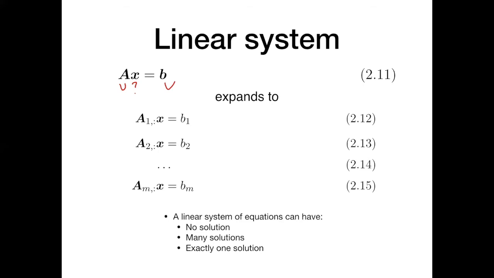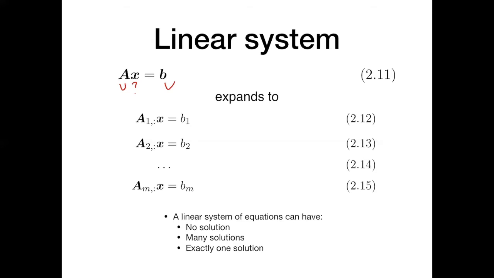You see this is a matrix-vector product. And if we expand these equations, we can get a series of expressions. Every expression is a vector-vector product. So this is actually a very elegant and concise notation of our linear system.